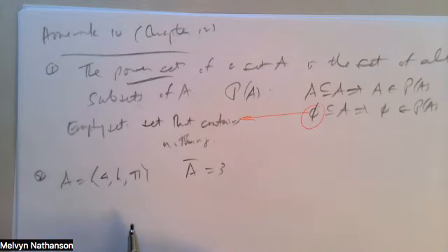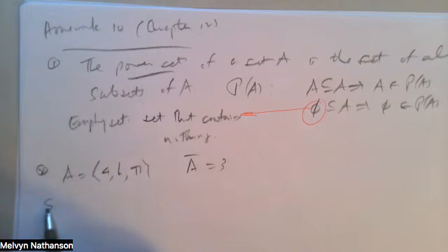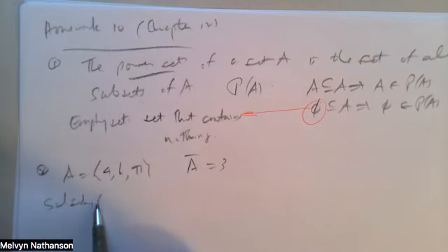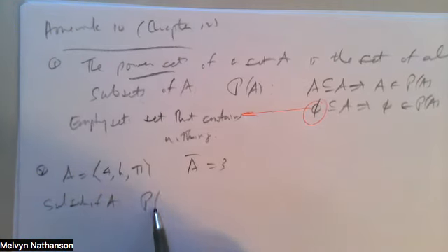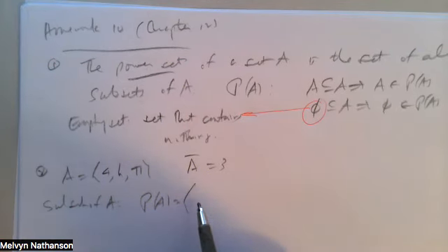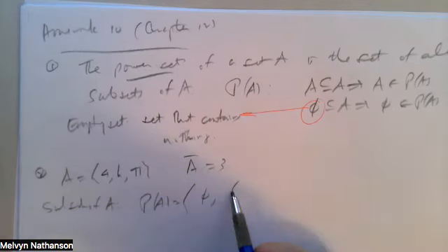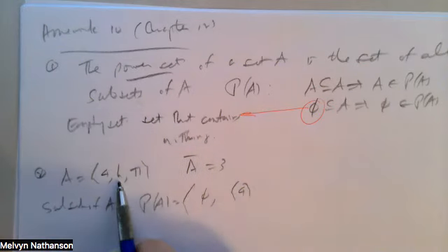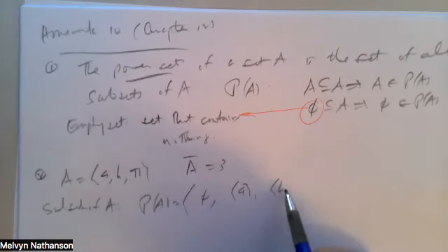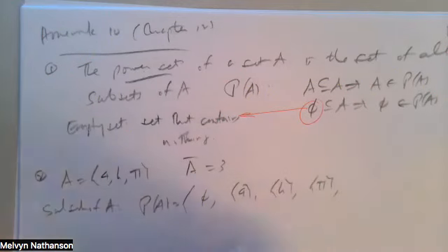And what's in the power set? So what are the subsets of A? So you have, of course, the empty set. You have the 1 element sets, the set containing just 4, the set containing just H, the set containing just pi.